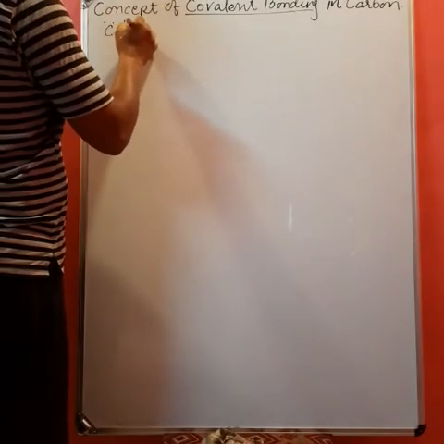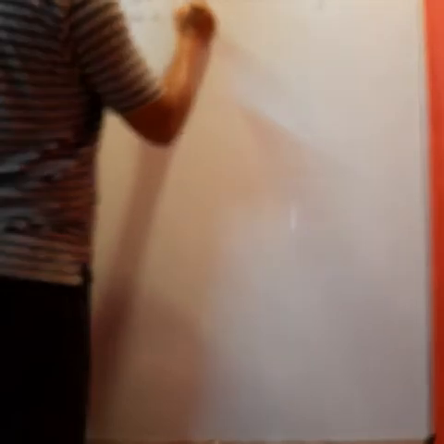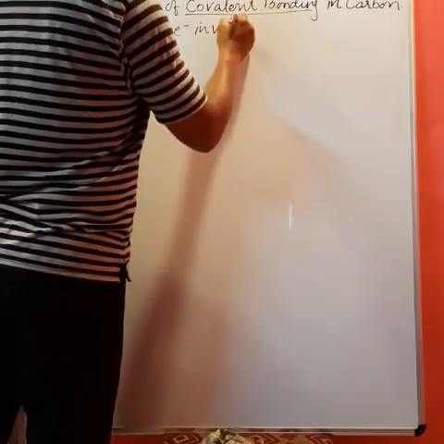Carbon has 4 electrons in its valence shell.